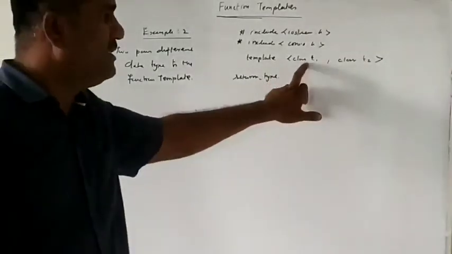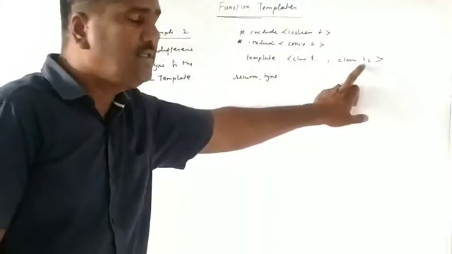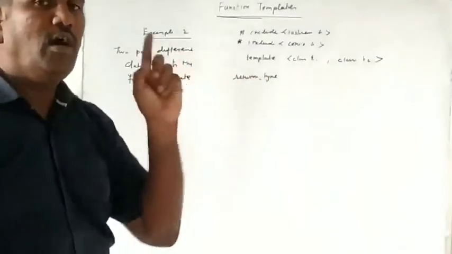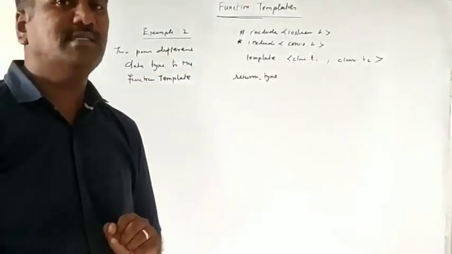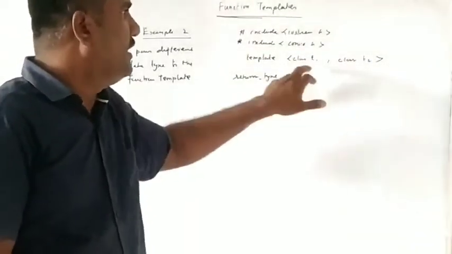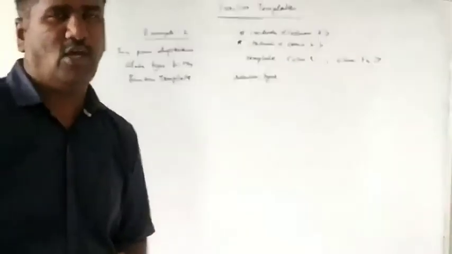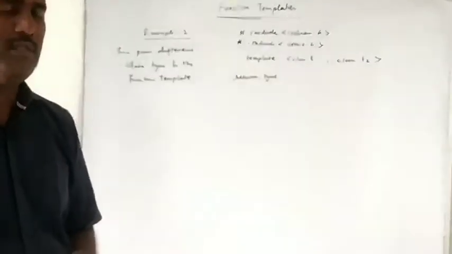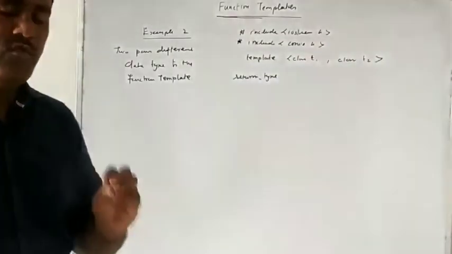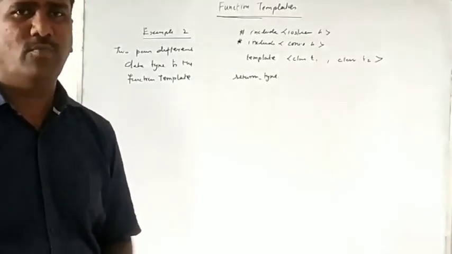Here T1 is an integer, T2 is a float. Now the return type is the larger data type. Suppose integer occupies 2 bytes and float occupies 4 bytes of memory. Here we use the return type as float, because the float data type occupies 4 bytes and integer occupies 2 bytes.